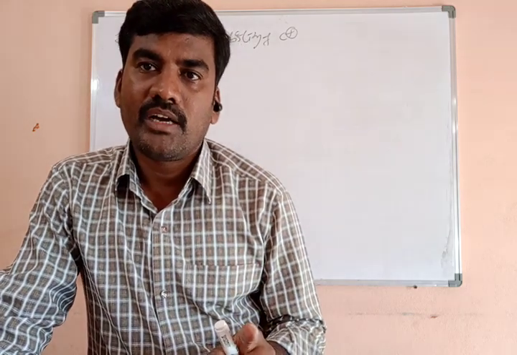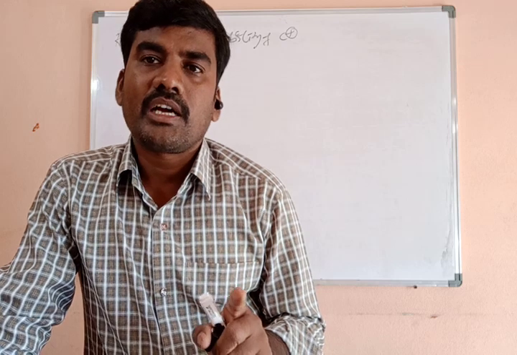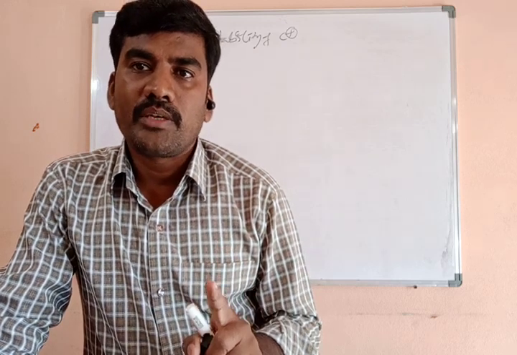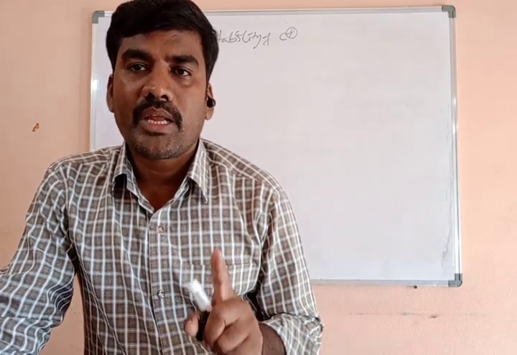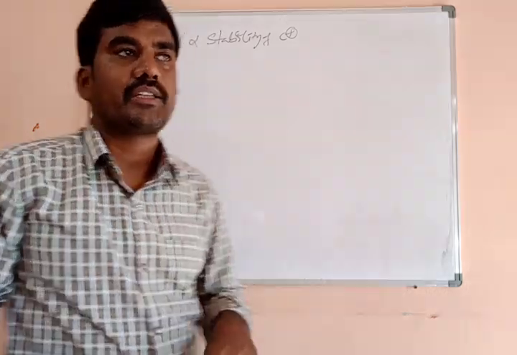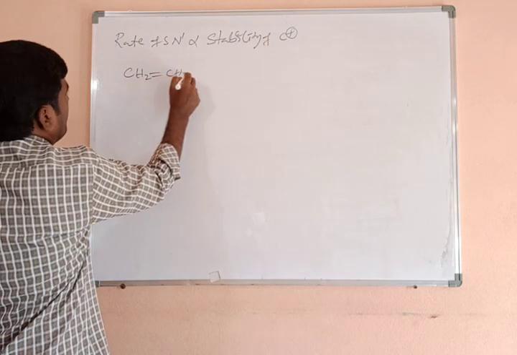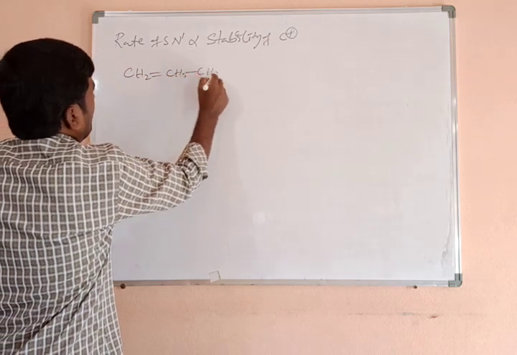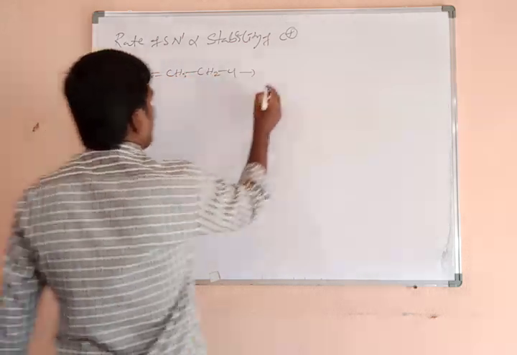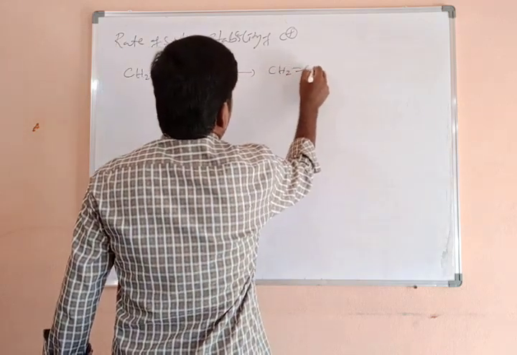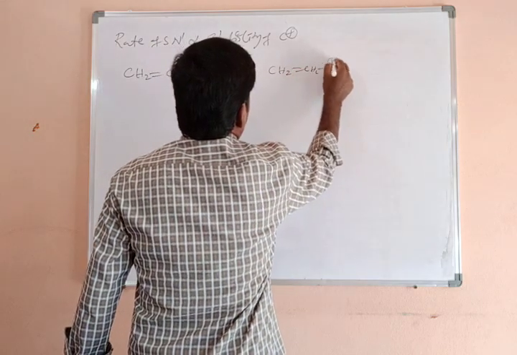This is because after cleavage of the bond between carbon and halogen, a primary carbocation is formed, and this primary carbocation is resonance stabilized. Initially, take allylic chloride. After cleavage of this bond, a primary carbocation will form.